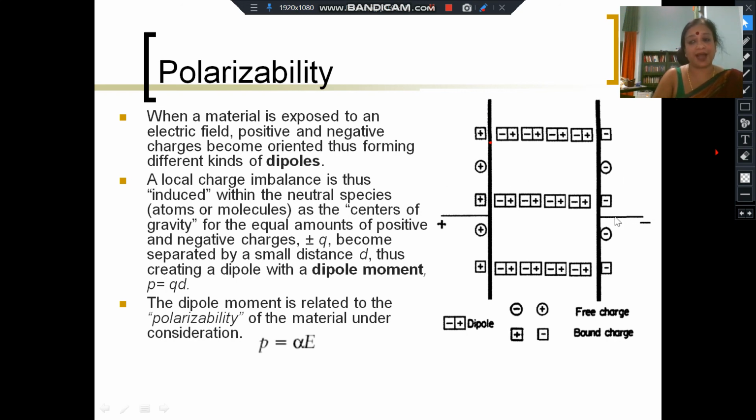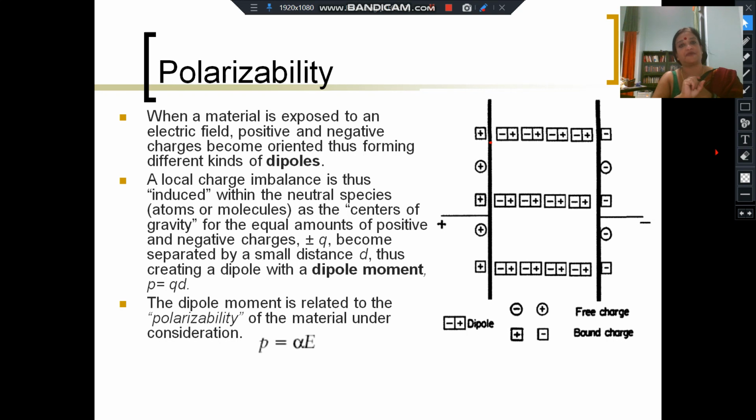Whereas when you apply an electric field on two electrodes, you are bringing charges from somewhere and placing those charges on the electrode plates. These charges that come from the supply and are positioned on the electrode plates are free to move under the application of any external electric fields, and they are called the free charges. So in this course, we will have to be very careful about distinguishing between free and bound charges.